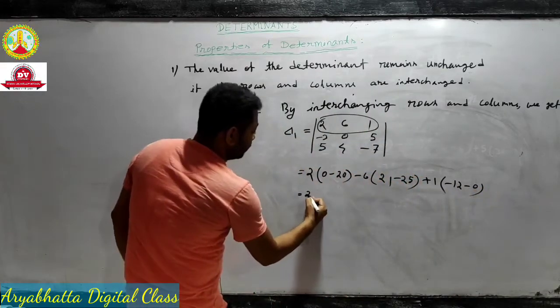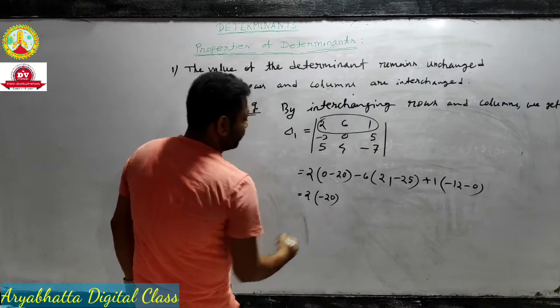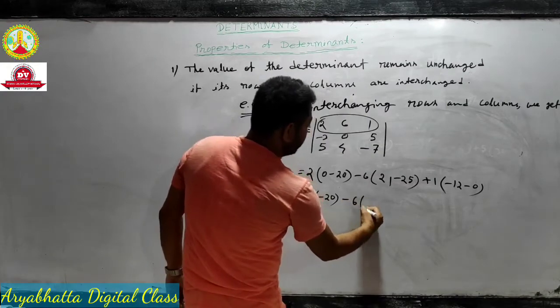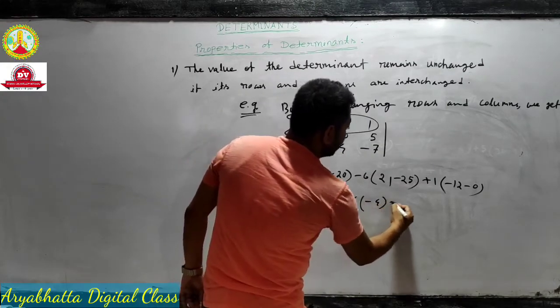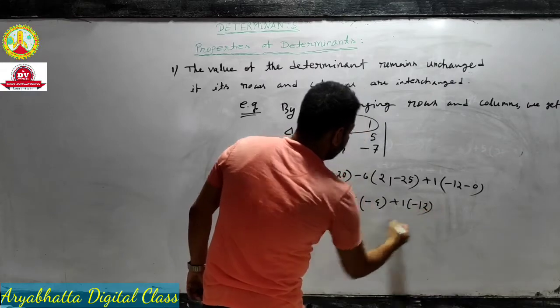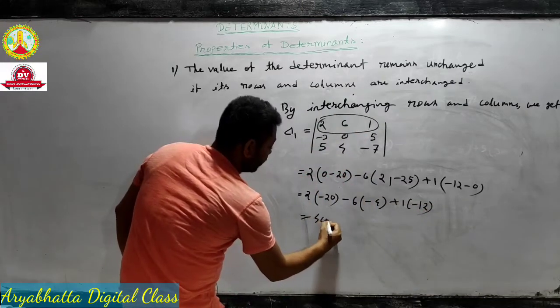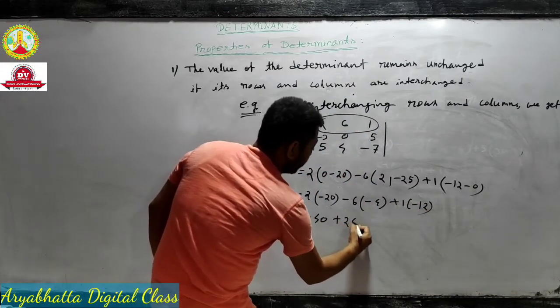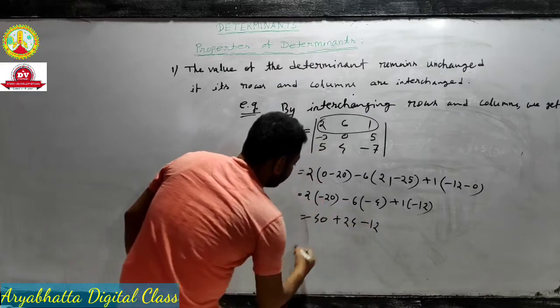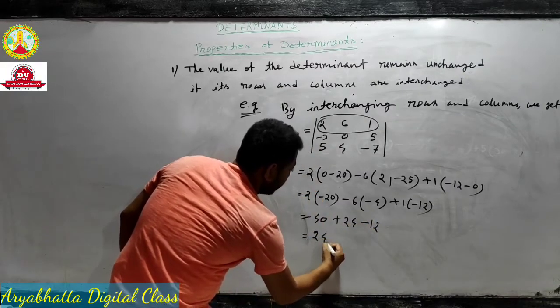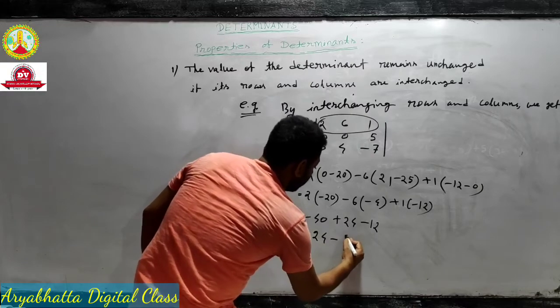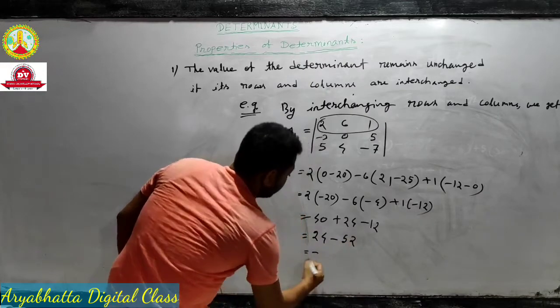This is equal to minus 40 plus 24 minus 12, which is minus 28.